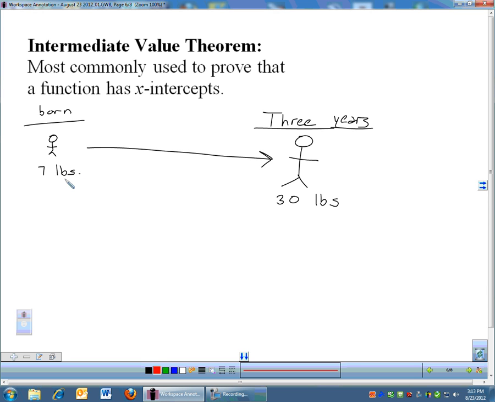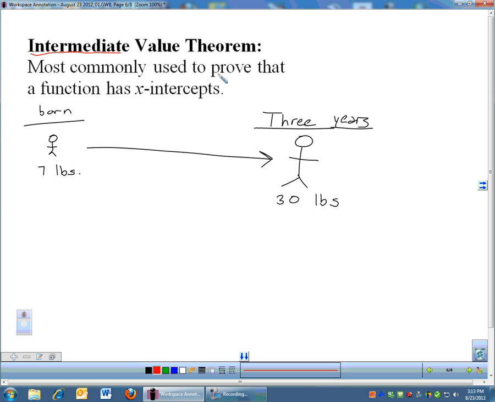Obviously she had to weigh 20 pounds at one point because we went from 7 to 30. She weighed 25 pounds at one point. Since 25 is somewhere between 7 and 30, intermediate, that's where the intermediate comes from, she had to hit every single number. And that's what the intermediate value theorem says. If I go from 0 to 12, I have to cross 11 somewhere.